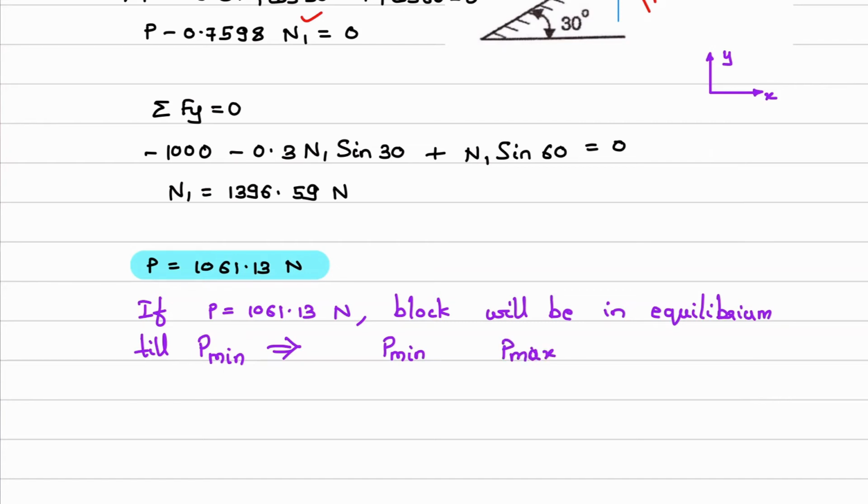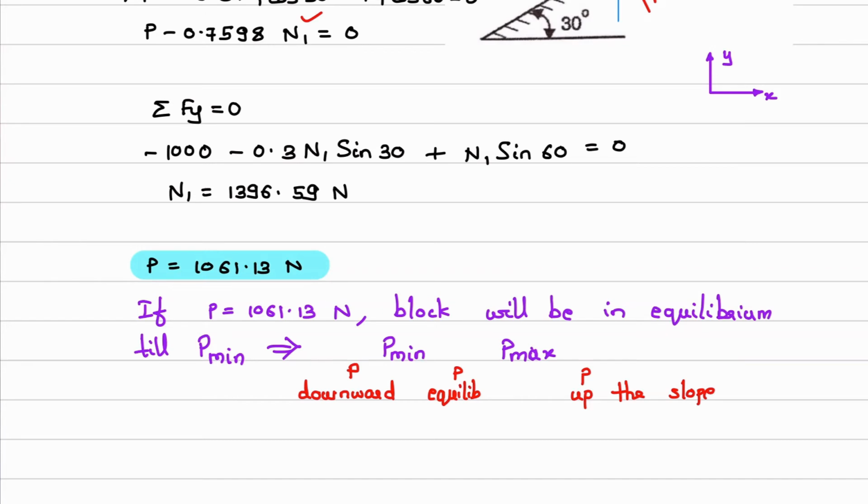If given P is below P min, there will be downward motion. If given P is between P min and P max or equal to P min or P max, the body will be in equilibrium. And if the given P is greater than P max, the block will move up the slope.